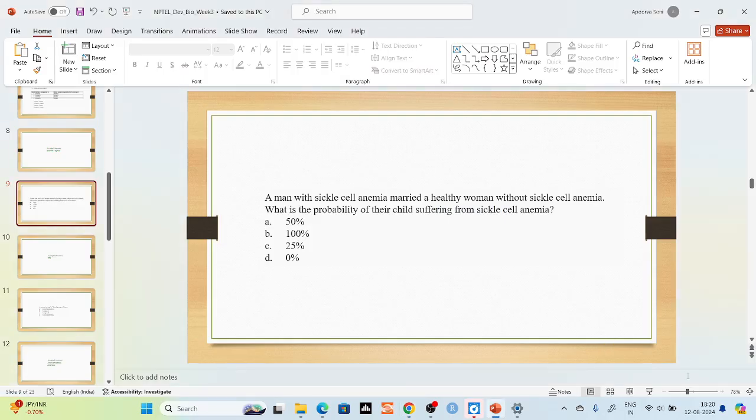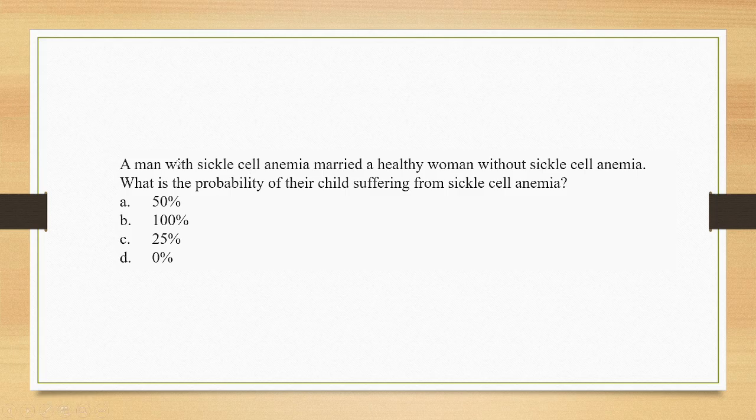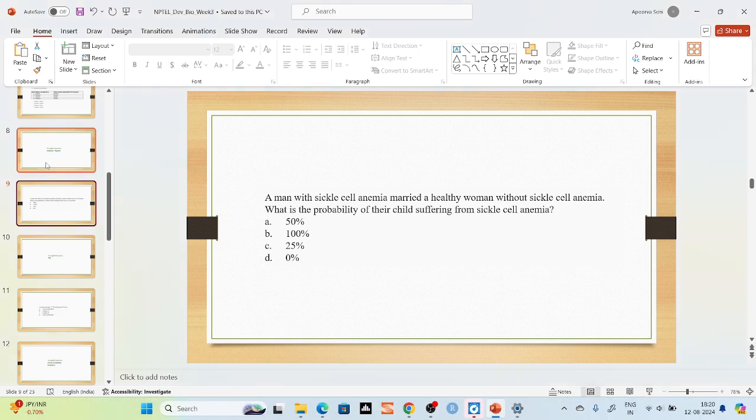Your first question is: a man with sickle cell anemia married a healthy woman without sickle cell anemia. What is the probability of their child suffering from sickle cell anemia? Okay. This is the question. I'll give you 5 minutes. I'll just switch the screen like this.